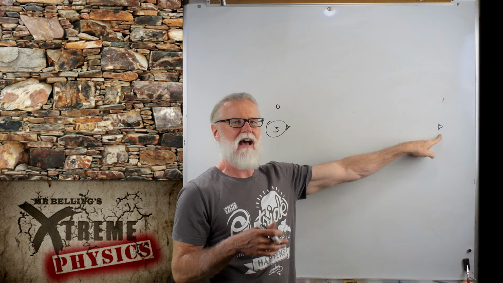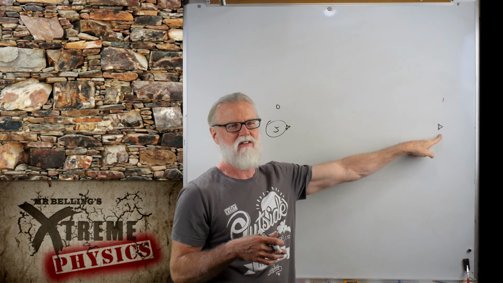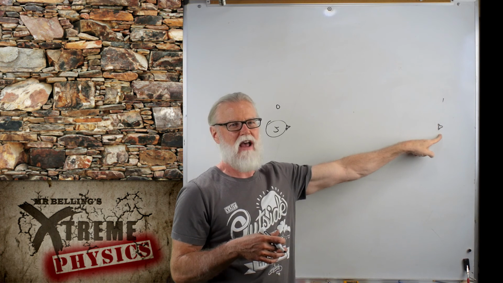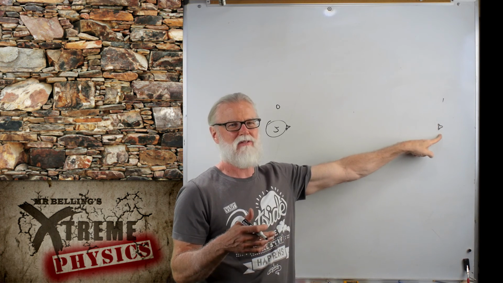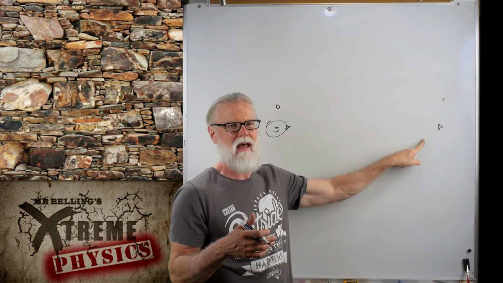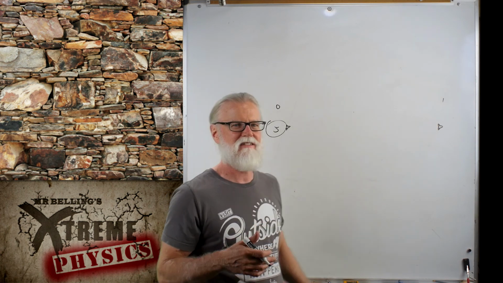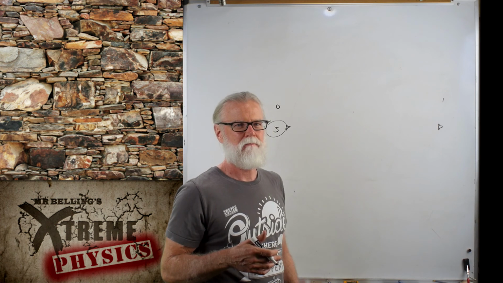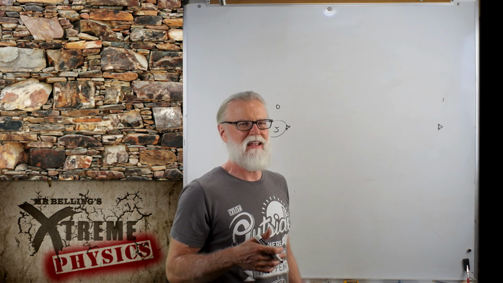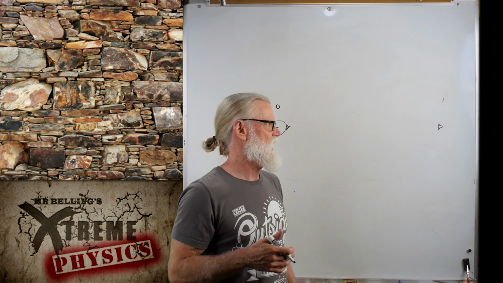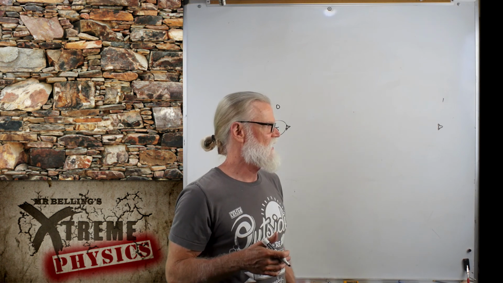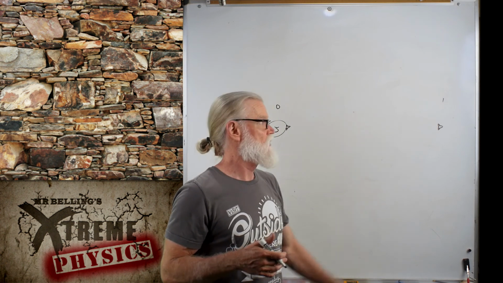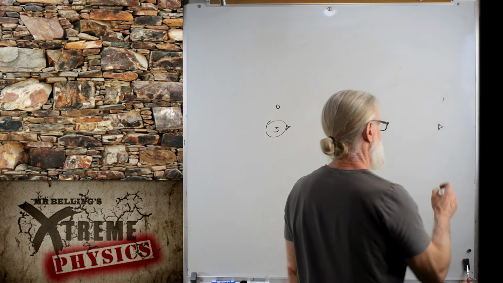How do we know it's not coming back? Under what conditions is it not coming back? Because gravity, if something stops, gravity is always going to pull it back. Is there a place where gravity can't pull it back? Yes, there is. That would be at infinity. At infinity, gravity can't pull that back. So position 1 is at infinity.